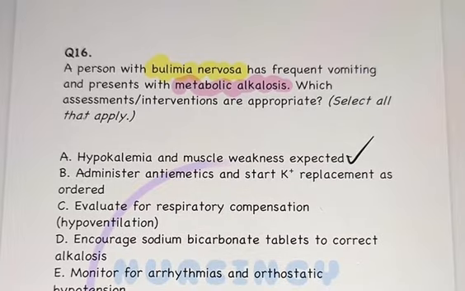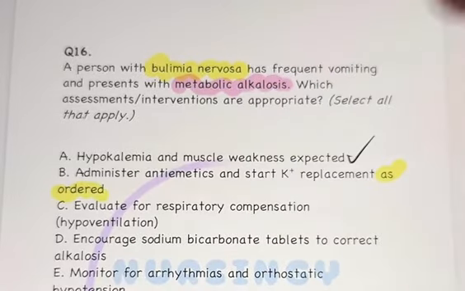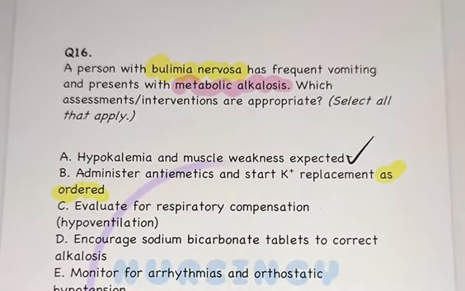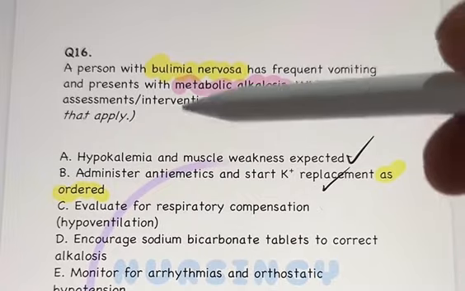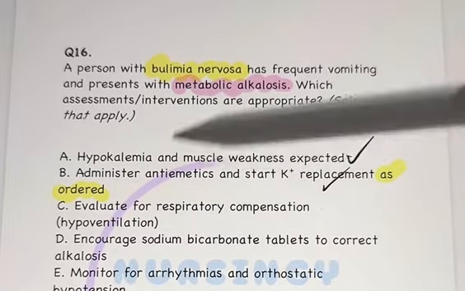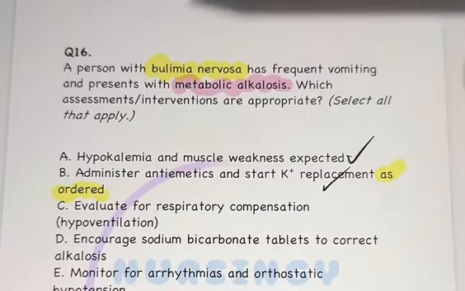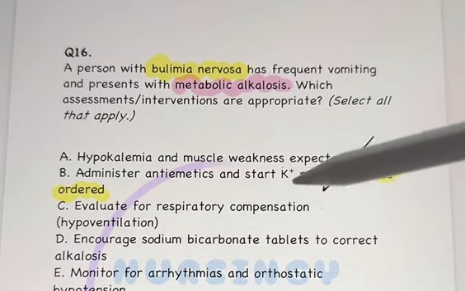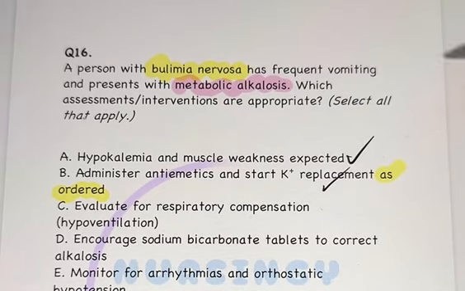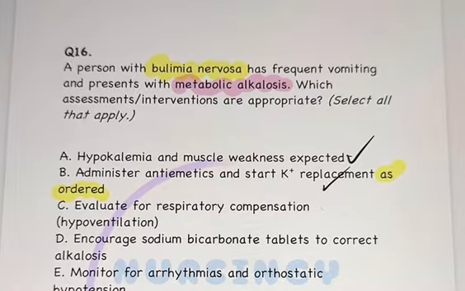I never seen any question incorrect when it come to as ordered. Yeah, so we need to administer antiemetic to stop the vomiting, and then we need to start the potassium replacement because we don't want patient to go into hypokalemia and arrhythmias.